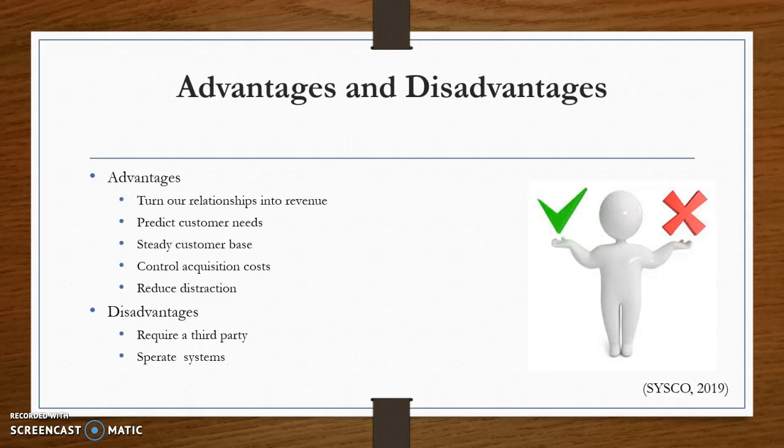With the availability of information in specific areas of concern, we will be able to reduce distraction and allow employees to stay focused. Some disadvantages of this system are that it does require third-party help with digital marketing strategy, and also the need for a separate ERP system and CRM system.